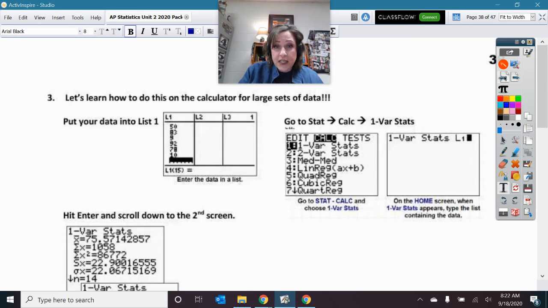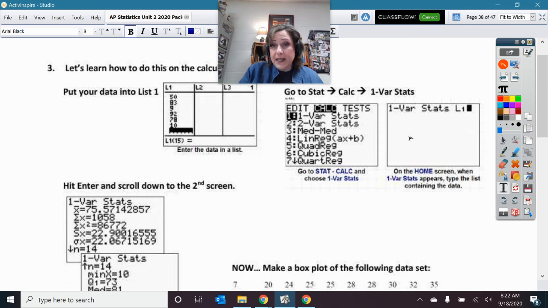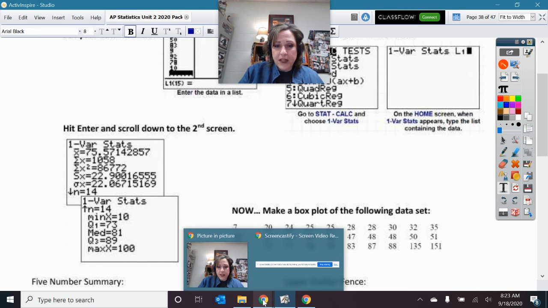So once you get to number 3, the next little video and the step-by-step instructions here tell you how to utilize your calculator to get the 5-number summary. Okay, so how to let the calculator compute the 5-number summary for you, which might be a lot easier than doing it by hand. Okay, all right, so there is your box plot making of our first graphical display of our quantitative data.